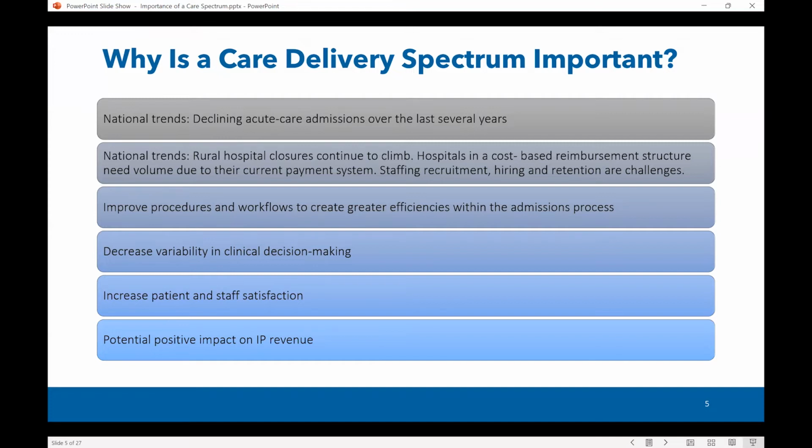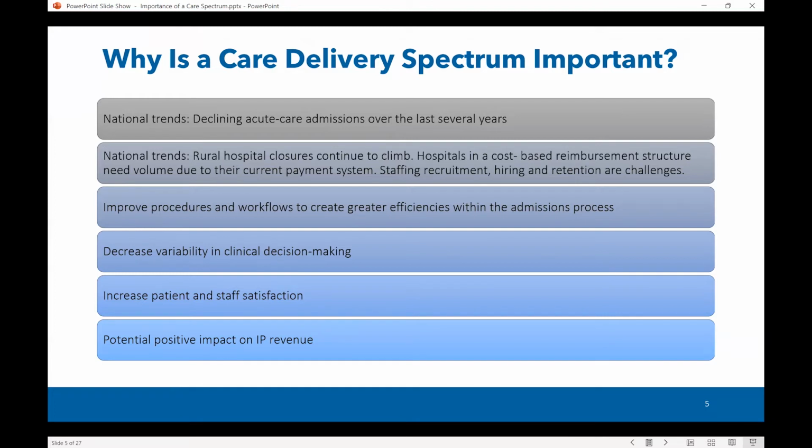It's pretty well known that if we lose patients to transfers to other organizations, we might lose them altogether, and they won't be using the services at our organization from there on. The hospitals that are in a cost-based reimbursement structure have to have volume due to their payment system. And it also has a lot to do with staffing, recruitment, hiring, and retention. All of those are also challenges as far as national trends.